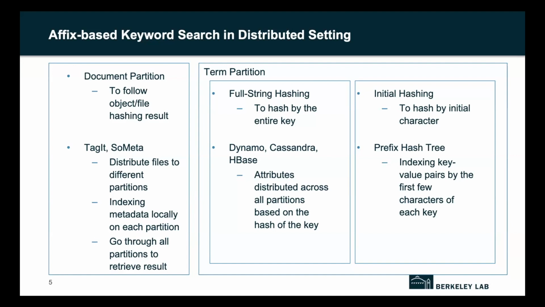It is common to distribute keywords this way in Dynamo, Cassandra or HBase, where we calculate the hash against the entire string. There is also initial hashing, where the idea is to hash the metadata attributes by the initial characters. The prefix hash tree has been proposed to achieve this type of functionality.